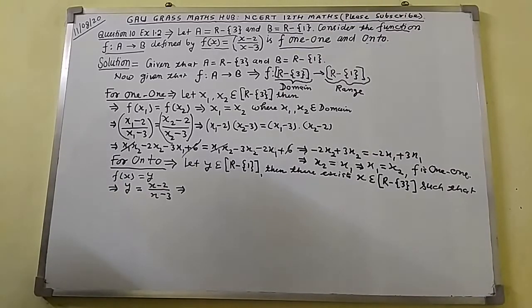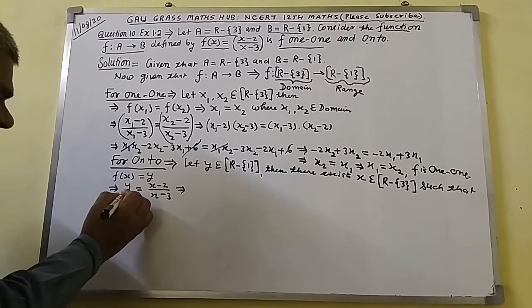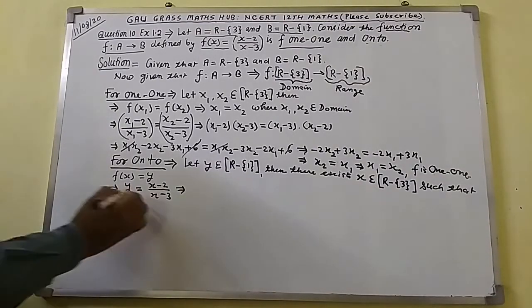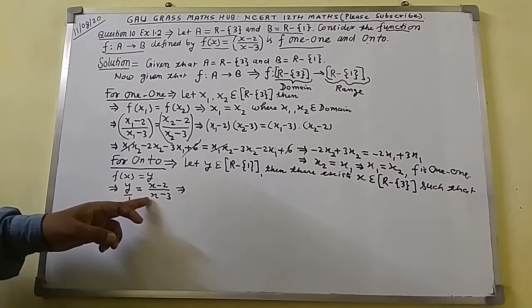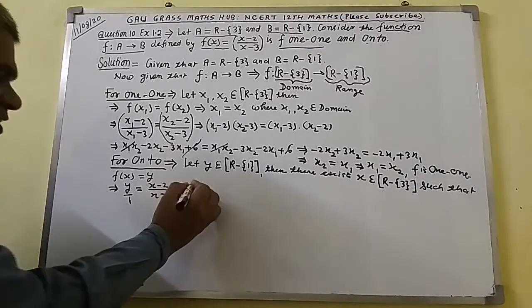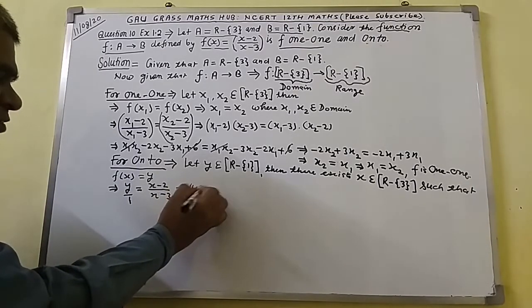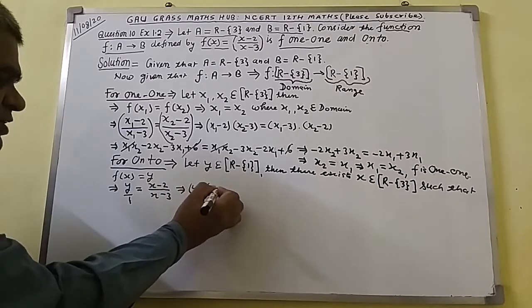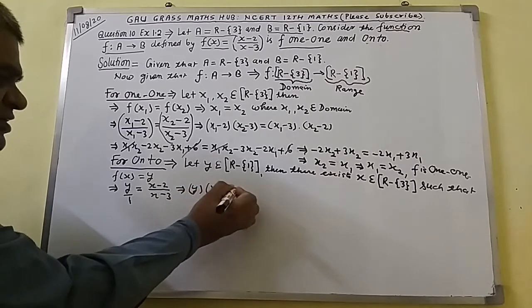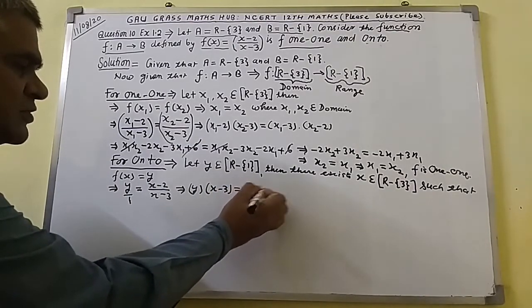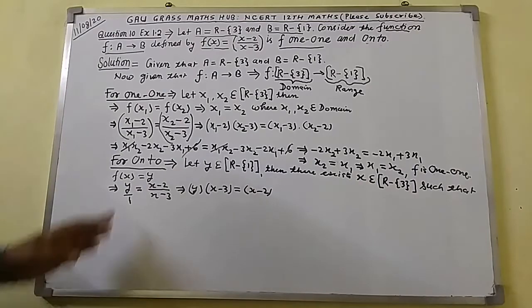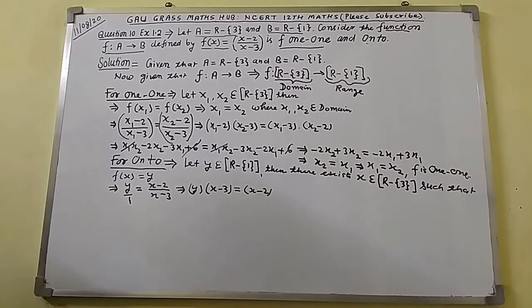So now, get the value of x in terms of y. So what to do here? Just imagine y over 1. Here do cross multiplication. So y will multiply to x minus 3. So here you will get y in one bracket, in another bracket you will get x minus 3, equal to, here you will get 1 will multiply to x minus 2.